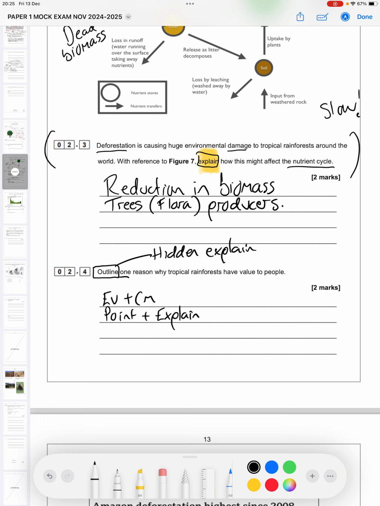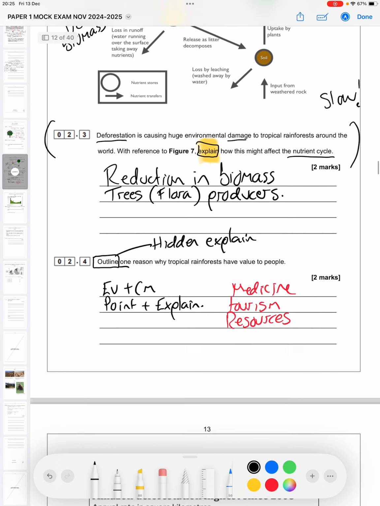Loads here you could talk about. You could talk about medicine. You could talk about tourism, ecotourism, resources, that sort of thing. So anywhere along those lines.